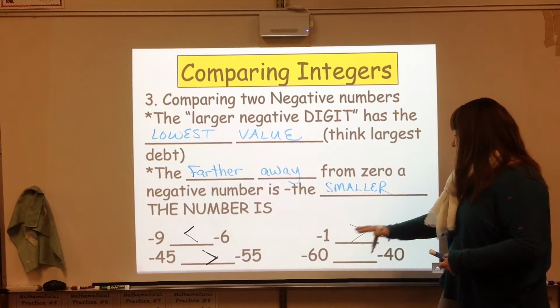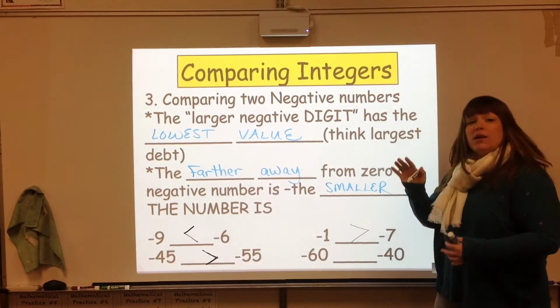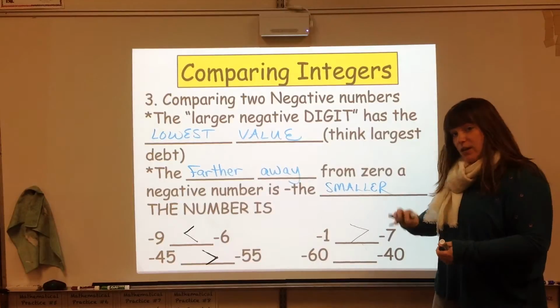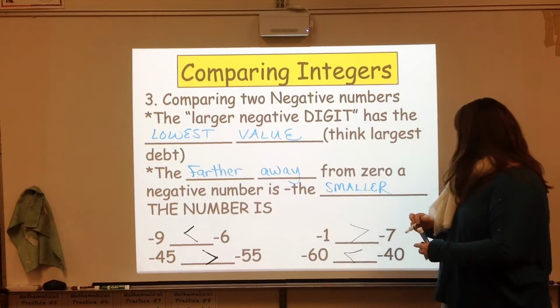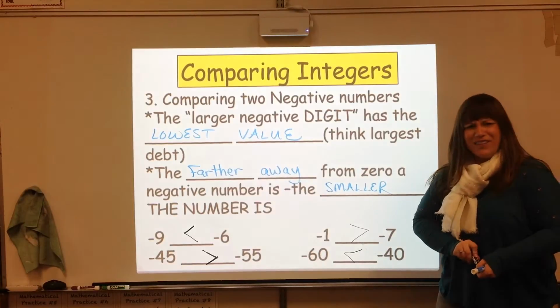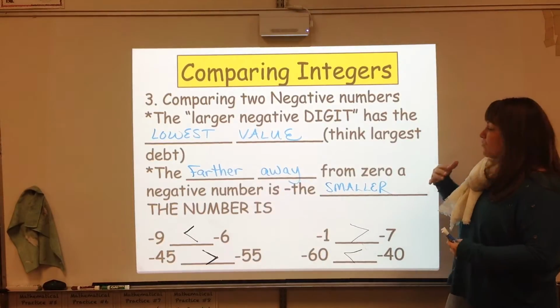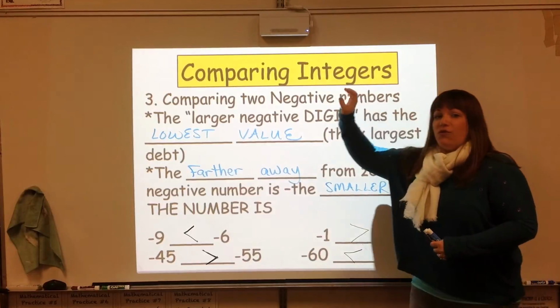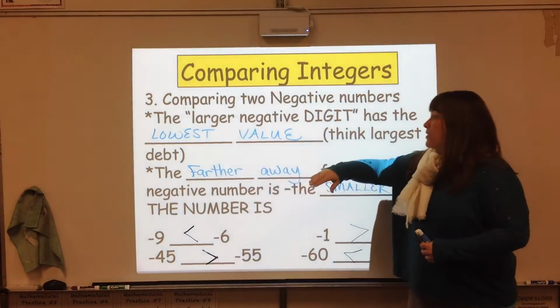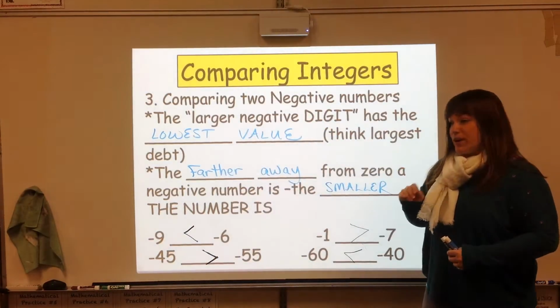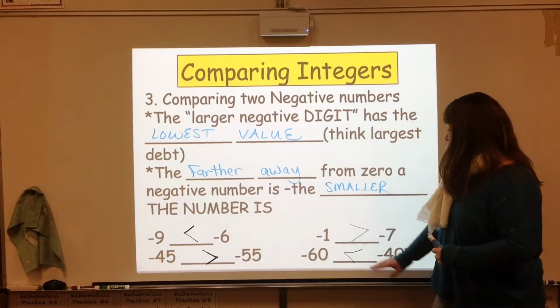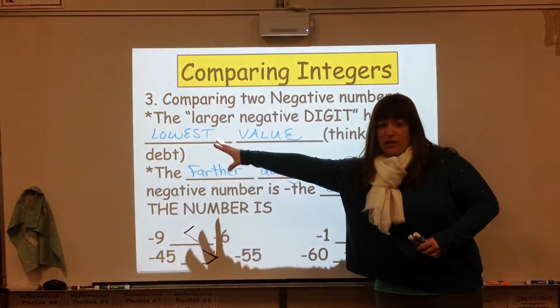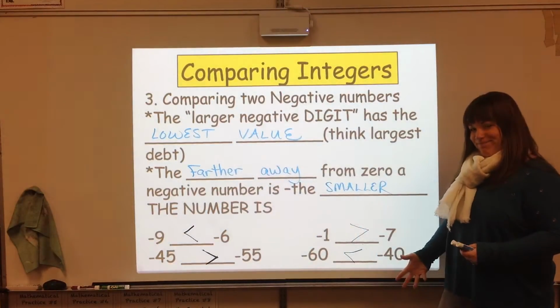And negative 60 is the bigger digit, but because it's negative, it's going to be smaller than negative 40. So that's the hardest part, I think, is remembering that as you go farther away from 0, the numbers get smaller. Therefore, if you were just looking at the numbers, 60 and 40, negative 60 is smaller than negative 40.